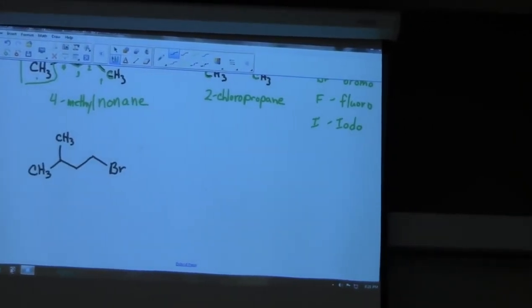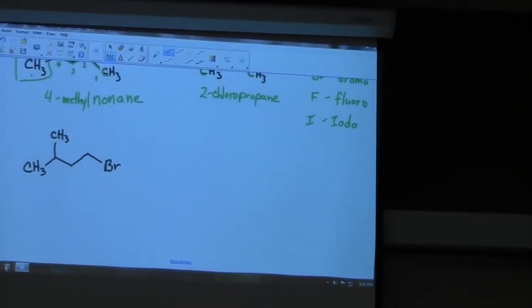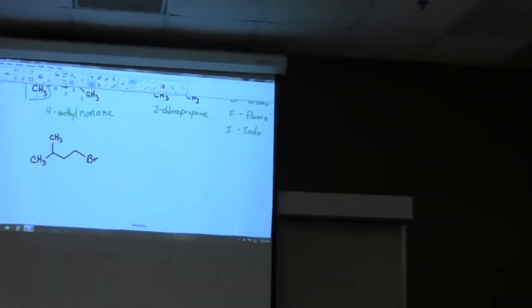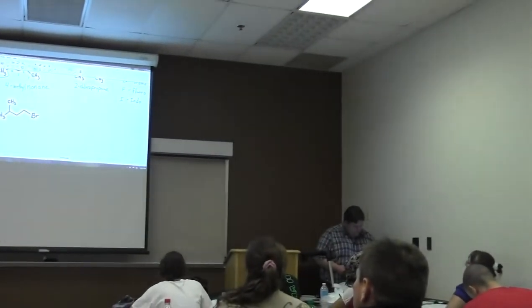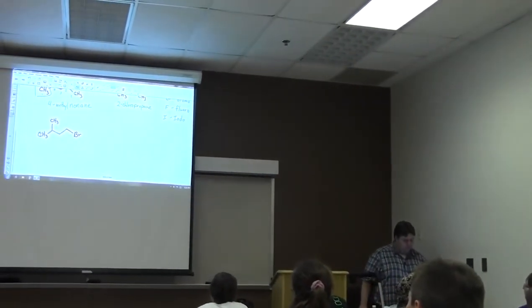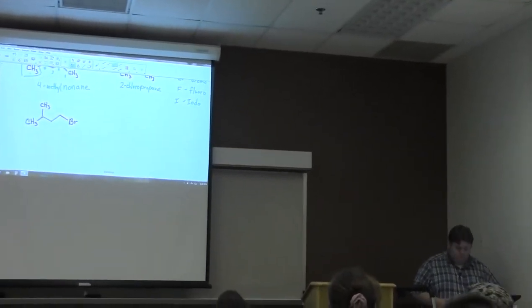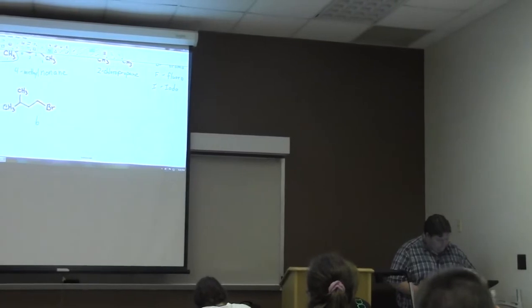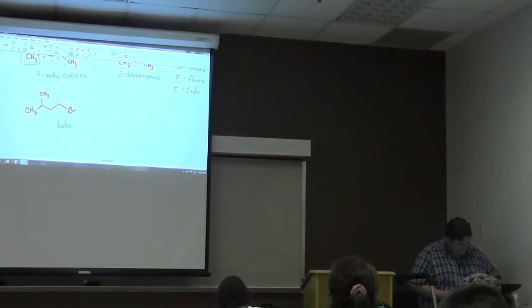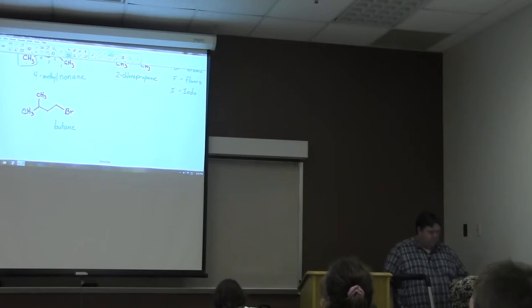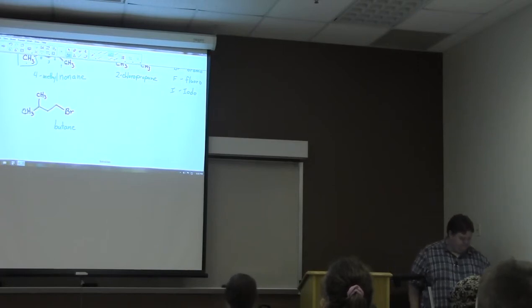Okay, notice we now have two distinctly different substituents attached to the parent. Okay, the parent chain is how many carbons? 1, 2, 3, 4. So that makes this a butane. Good. All right. I have substituents.